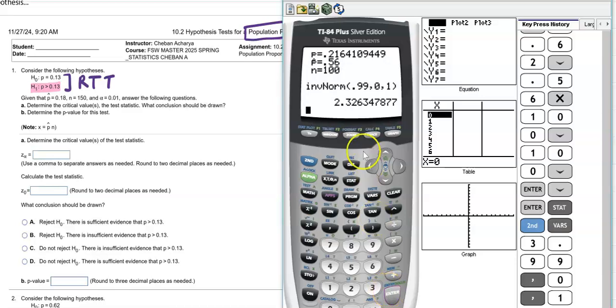So you get 2.326. The instruction says round to 2 decimal places, so the critical value is going to be 2.33.